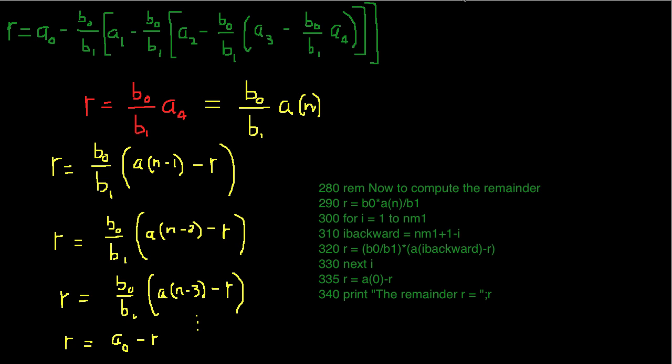The final step in writing our computer program is to evaluate the remainder constant after we do the division of the polynomials. If you recall, the formula that we developed for computing this remainder is shown right here in this expression on the top in green.